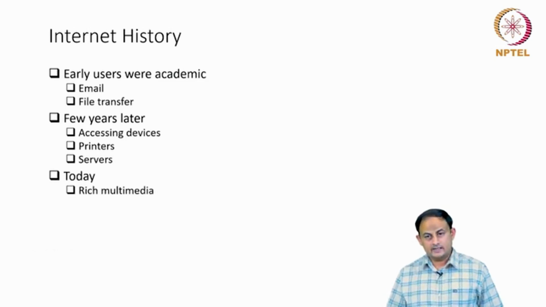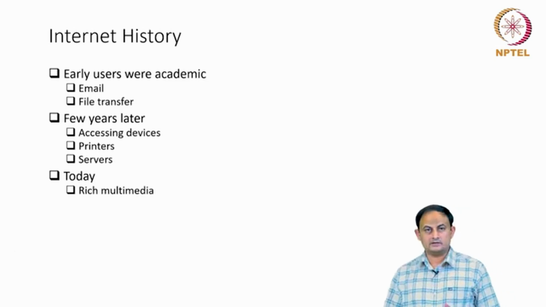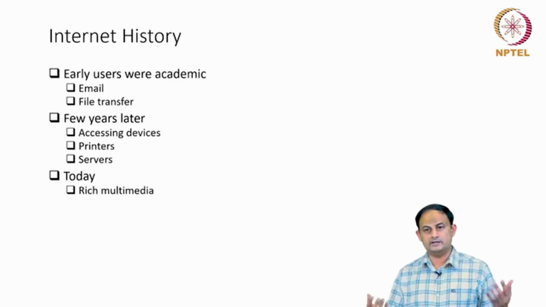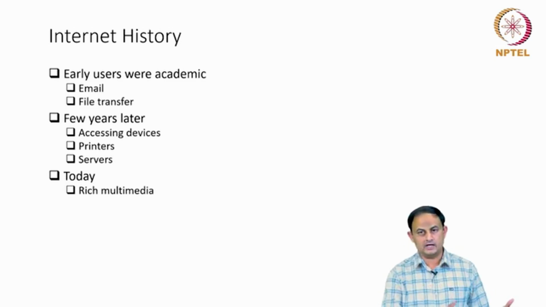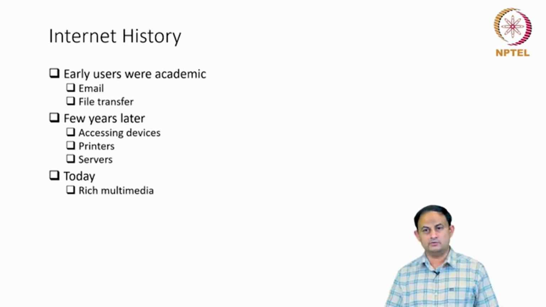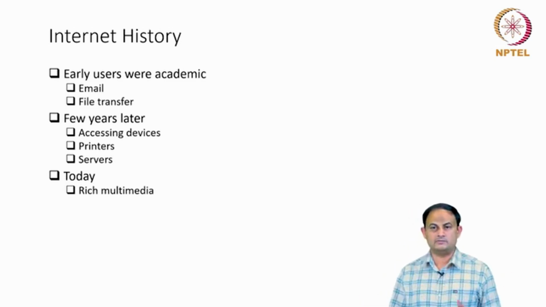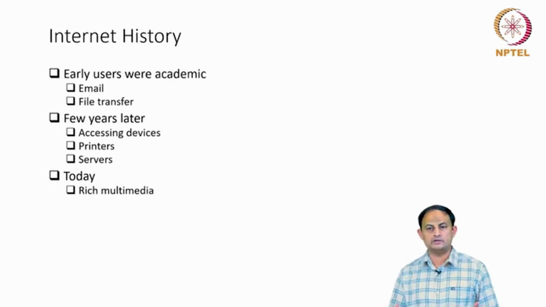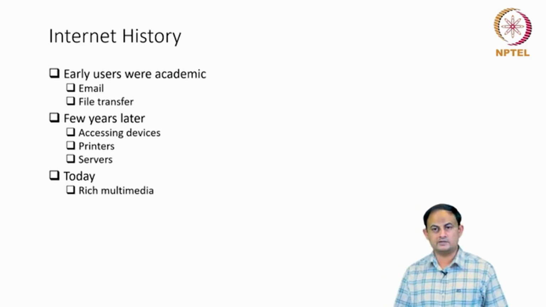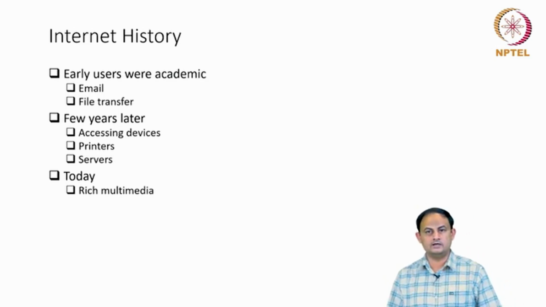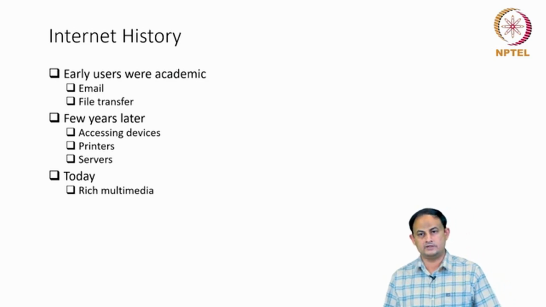But today, as we speak, much of the network is transmitting multimedia content. We have applications like YouTube and several OTT platforms, rich in audio and video content, which constitute a major chunk of the total data transmitted in today's internet.